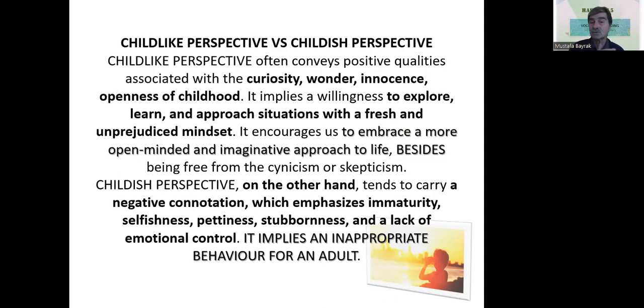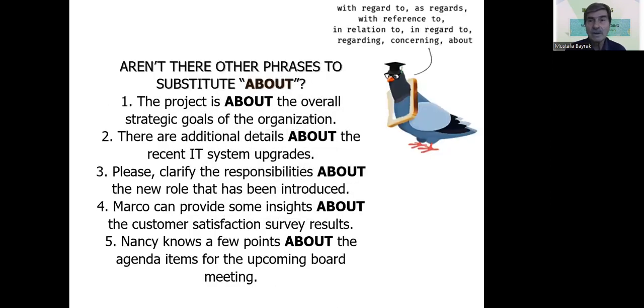It doesn't suit an adult, but a childlike perspective suits an adult very well. This is really important. I really advise you to pay special attention to this page. Aren't there other phrases to substitute about?